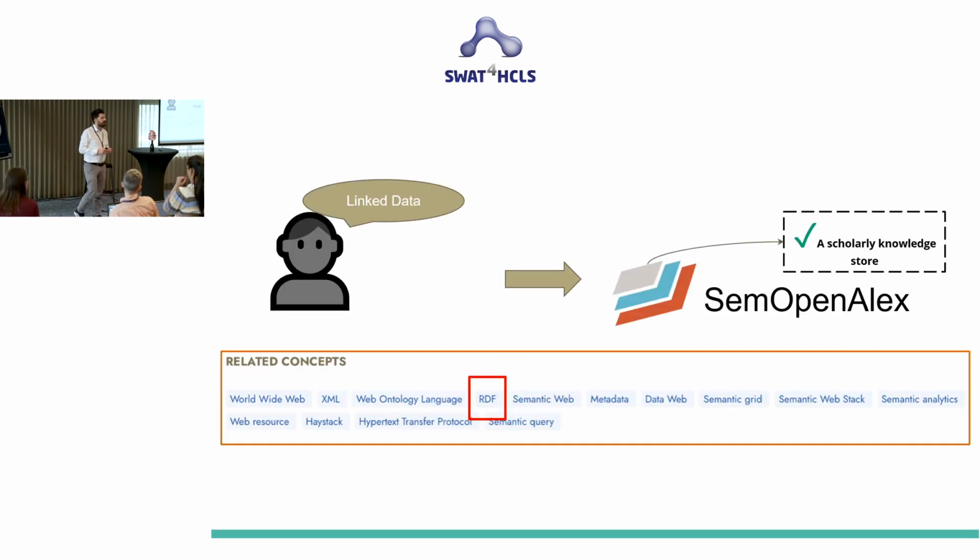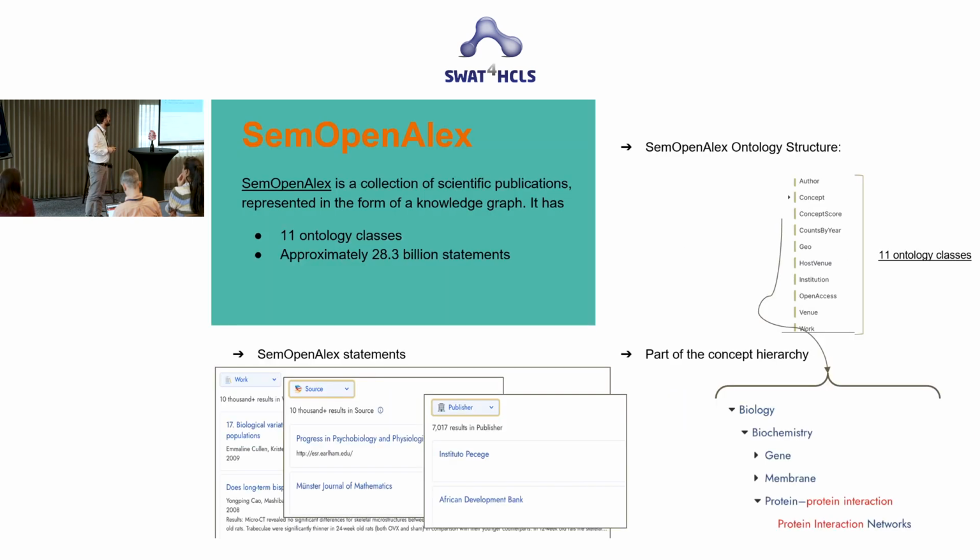SemOpenAlex is actually a good knowledge graph which tries to categorize these related concepts. If you search for linked data, you will see also some other relevant searches. But since this SemOpenAlex knowledge graph was created semi-automatically, and they use NLP to generate what they call the concept hierarchy.